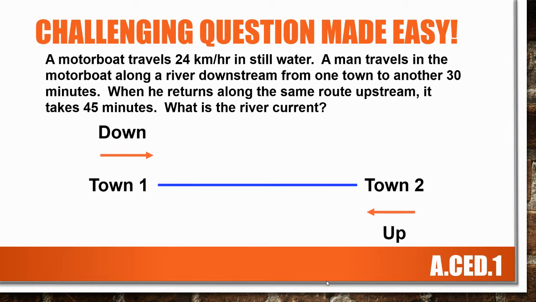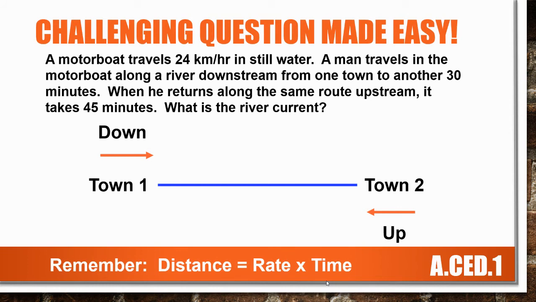Well, first of all, let's remember something. Distance equals rate times time. And this boat is traveling the same distance on both trips. Well, we know that downstream, we're going to add the current. So 24 plus C is the rate times the time.